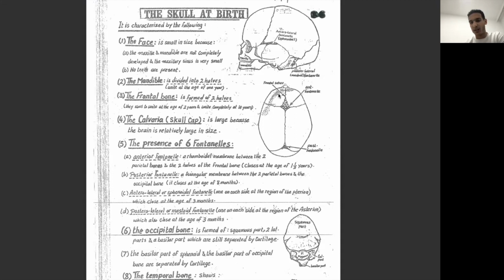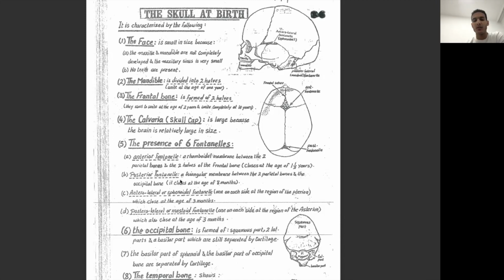Remember that at birth the frontal bone is 2 and the parietal bone is 2, and there's an anterior fontanelle between them. The frontal bones fuse and become one, and the anterior fontanelle ossifies and becomes bone. It closes at the age of 1.5 years, so that's around 18 months.